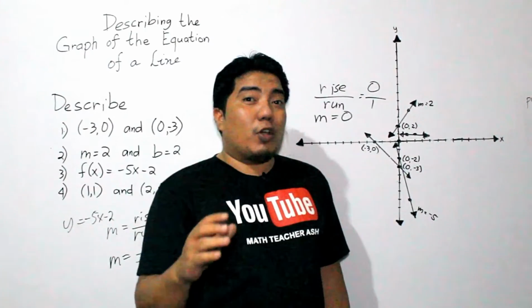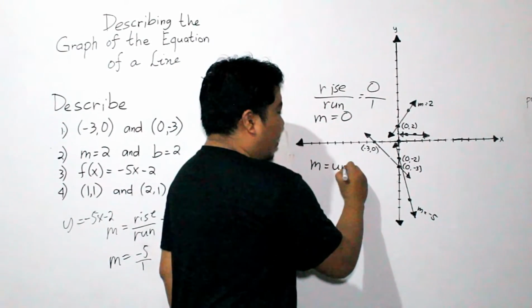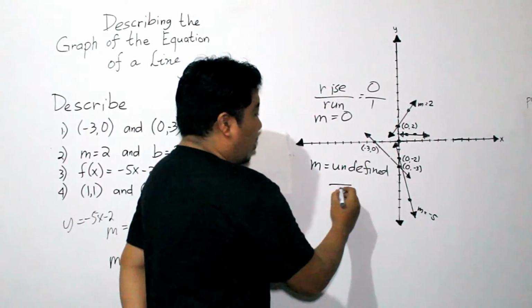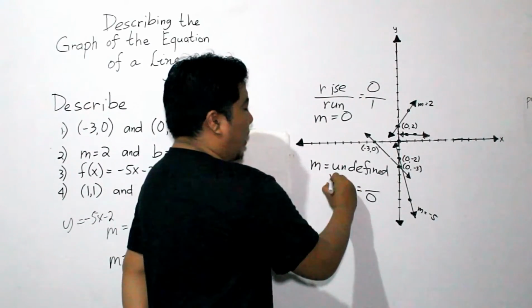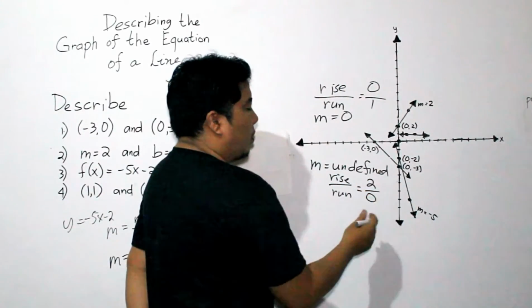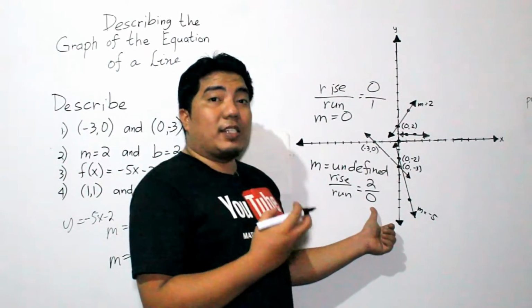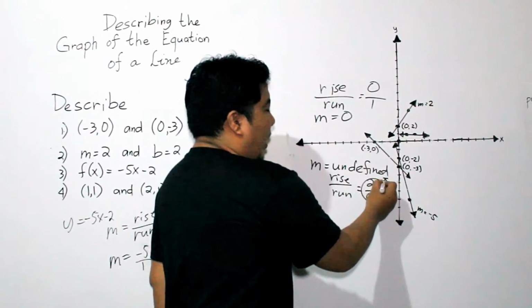But if your slope is undefined, how does undefined mean? Undefined means that your run is 0. So basically, if your rise is 2 or 1 or any number except 0, and your run is 0, then that means that the whole value is undefined.